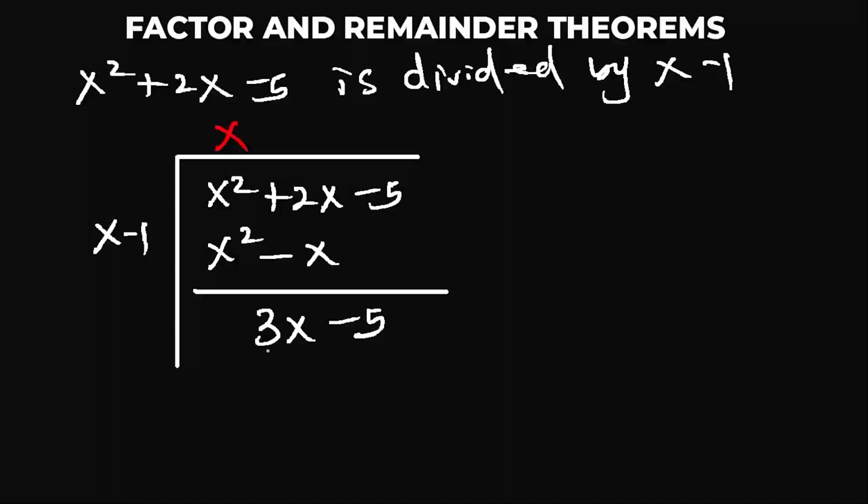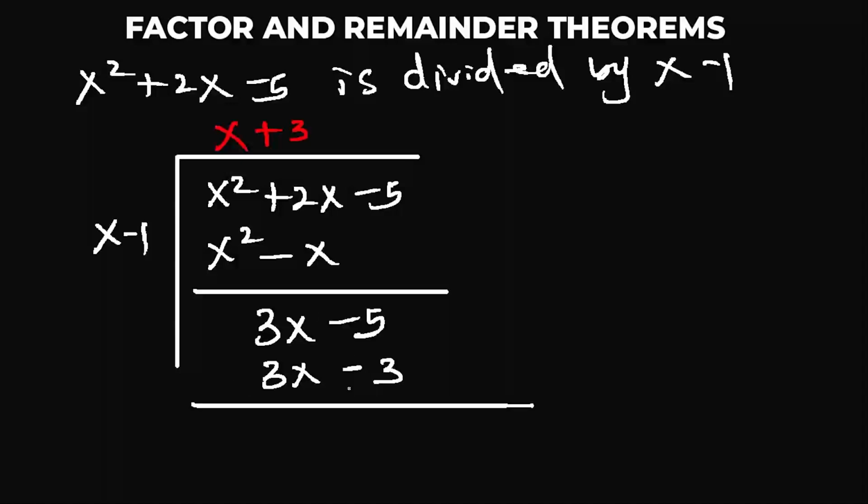We can still divide further. And how do you do that? We think of a number that can multiply this x to give us 3x. What number is that? Plus 3. So we have here plus 3. Plus 3 multiplied by x will give us 3x, and plus 3 times minus 1 will give us minus 3. Then we subtract: 3x minus 3x cancel.